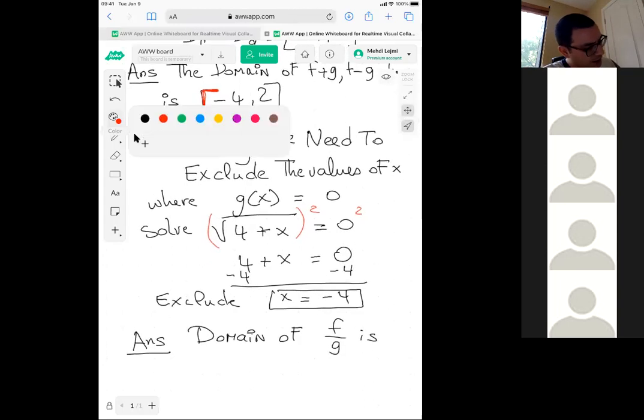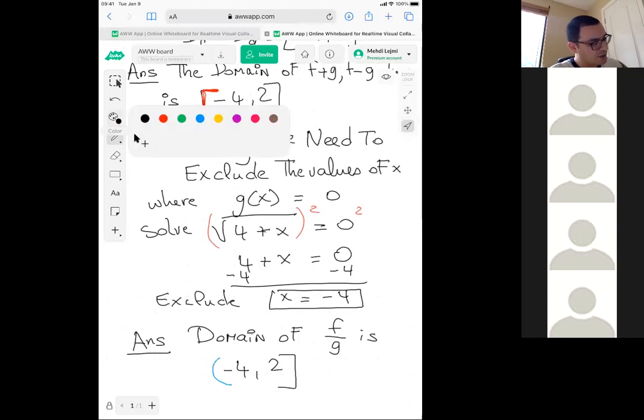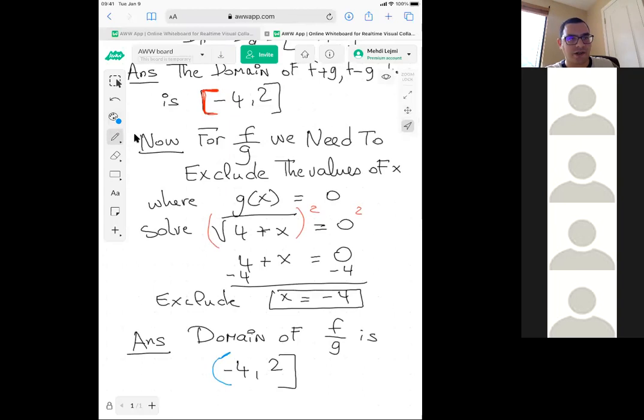So here it's parentheses. So we're going to have -4 and then 2. Of course, the 2 is included. So all you have to do is to exclude this -4, and that will be the answer for f over g. So that's actually the unique difference between the domain of f plus g, f minus g, and f times g, and the domain of f over g. Okay.